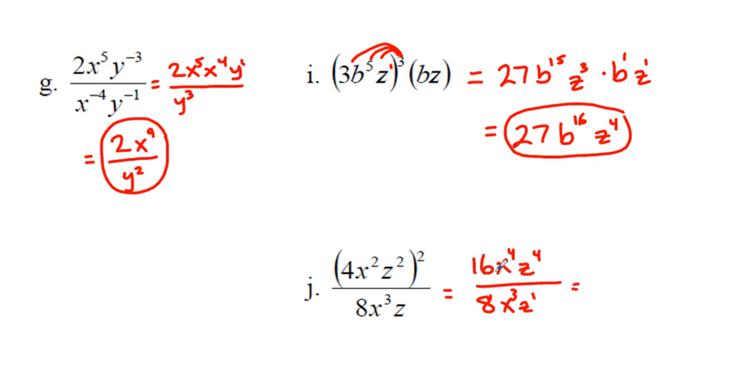And I can simplify that by dividing. So 16 divided by 8 is 2. When I deal with my exponents for the x's, there's an extra 1 on top, x to the 1. Don't have to write the 1. And then z's. Well, there's 4 z factors up top, 1 on the bottom. Looks like 3 extras on top.